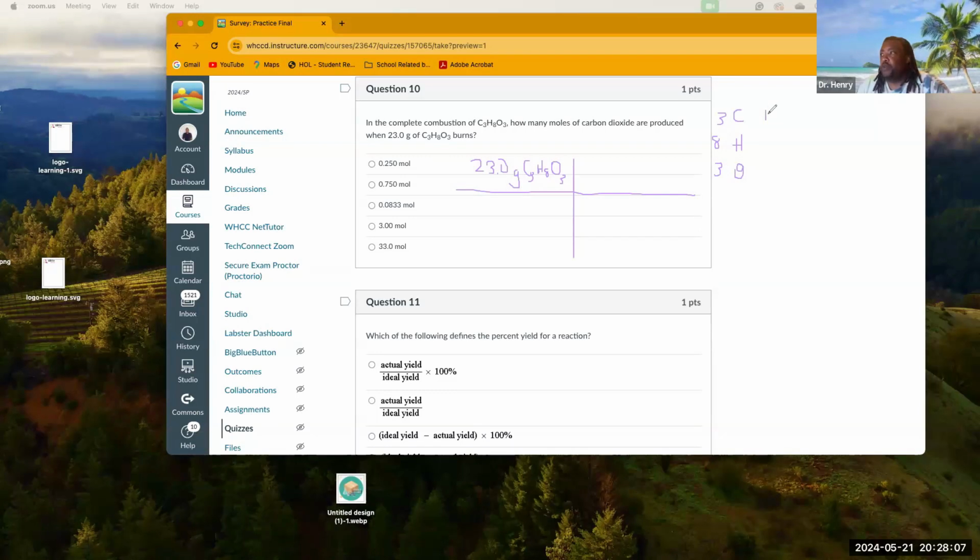Carbon weighs 12 grams per mole, and we're going to be multiplying that by 3 since we have 3 of them. Hydrogen weighs approximately 1 gram per mole, and we're going to be multiplying that by 8. And oxygen weighs approximately 6 grams per mole, and we're going to multiply that by 3.